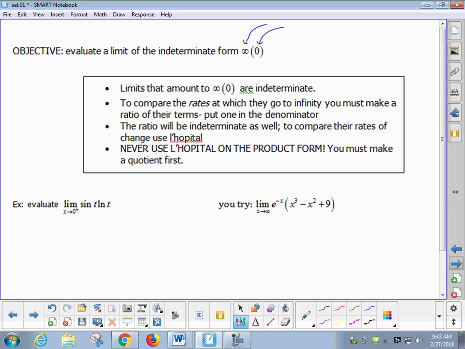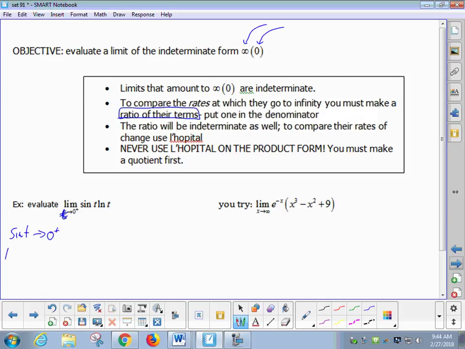Same will go. You make a ratio. You must make a ratio of the terms, and then you use L'Hopital, but you never use L'Hopital here. This should be t, by the way, not x. So sine of t. As t goes to 0, what does sine of t go to? 0, small, positive.